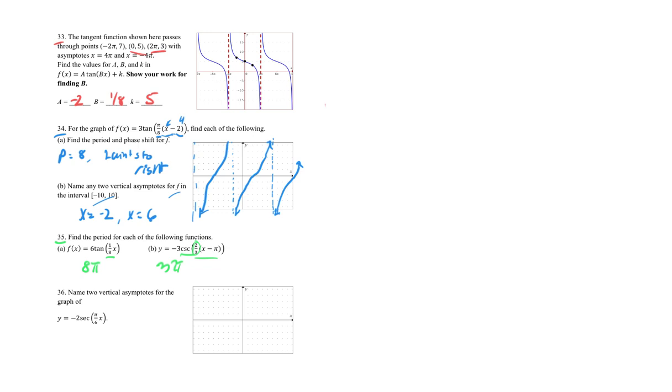So name 2 vertical asymptotes of the graph y equals -2 secant of pi over 6 x. So no horizontal shifting. And then also secant of x is undefined when x equals pi halves plus n pi.